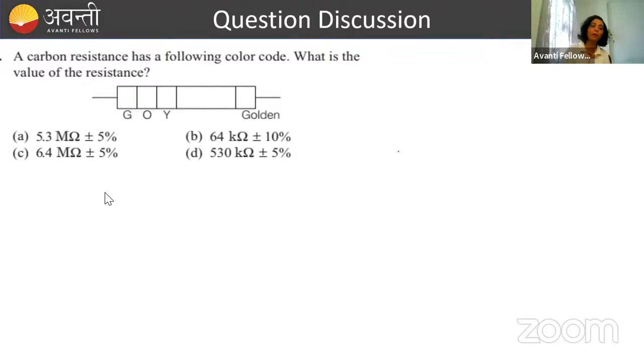Okay, done. Now the next question is there on your screen, and I'm just giving 1 minute for this because you just need to read the bands. So quickly read it and tell me what the answer will be. If you remember, you will be able to read it. So read it now. Do it. I'm here only. Don't feel like I'm gone. I'm here. I'm waiting for the answers.